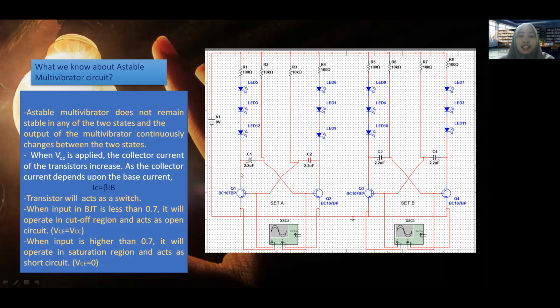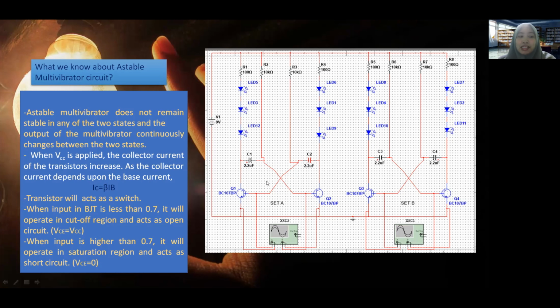The collector of Q1 is connected to the base of Q2 through capacitor C1, while the collector of Q2 is connected to the base of Q1 through capacitor C2. So, AC coupling is provided through these coupling capacitors of each of these amplifiers.